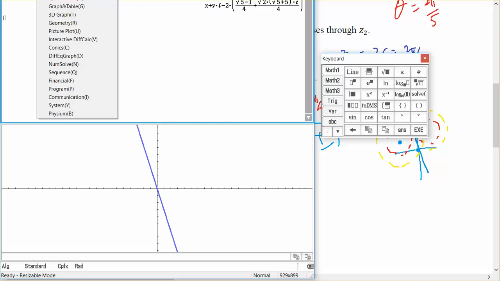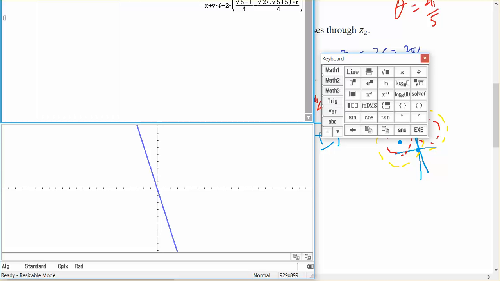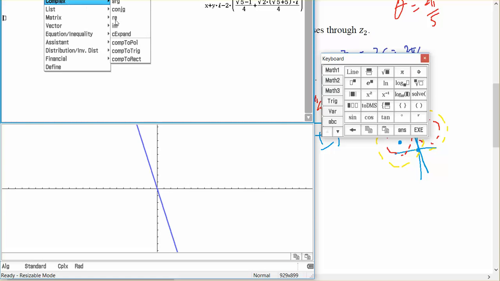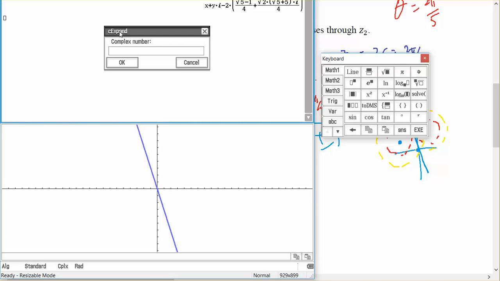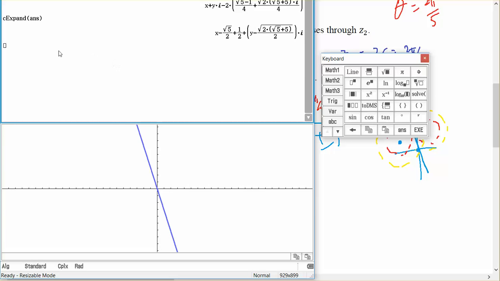Where do I find interactive? Oh, there it is. Interactive, complex, expand. I'll put answer there, and OK. It turned it into the real component and the imaginary component for me by doing a complex expand.